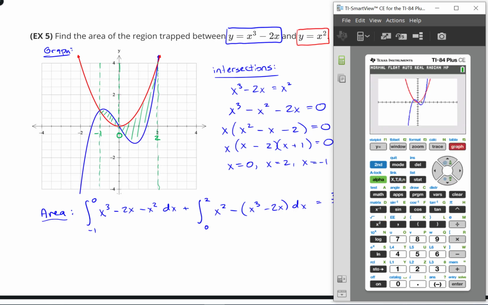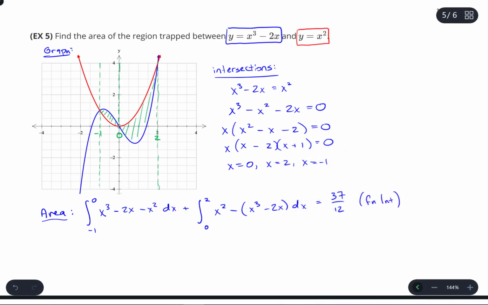Now, if the issue is determining intersections, generally when you're determining intersections, unless these things happen on integer values, which isn't always the case, you might have to do a little bit of solving to figure it out. Now, students will often get intimidated by solving cubics here.